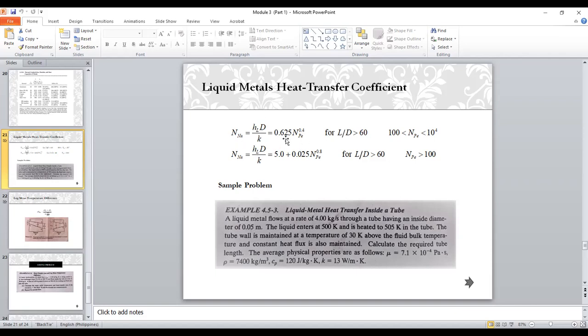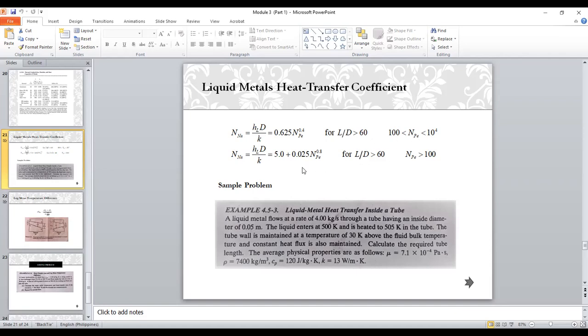I have not written it here, but this will only work for turbulent flow and for scenarios wherein the length to diameter ratio is greater than 60. Another condition that has to be met is that your Peclet number should be in the range 100 to, in this case, 10,000. So this is for your turbulent flow in pipes.